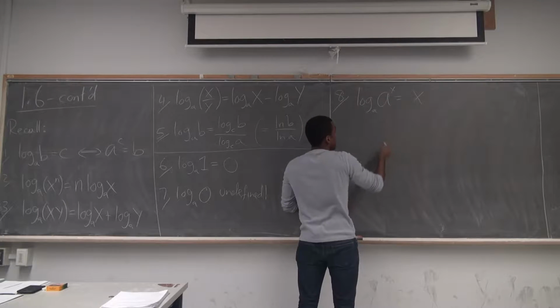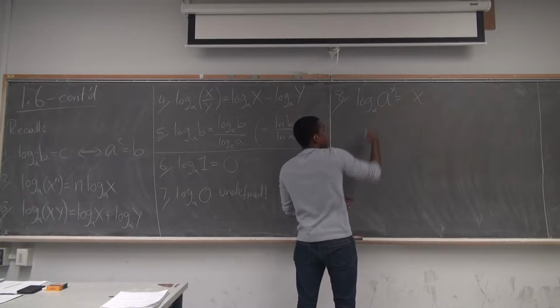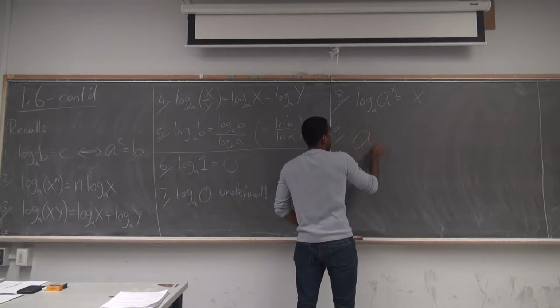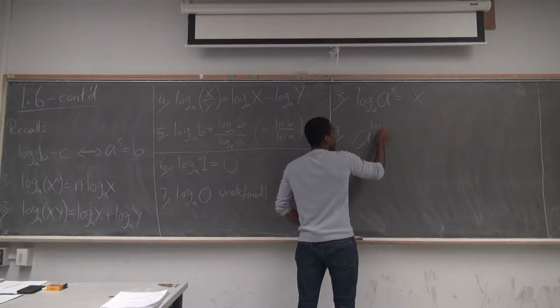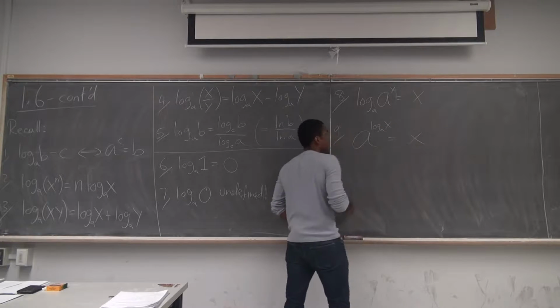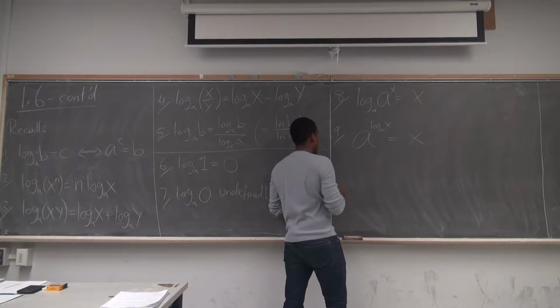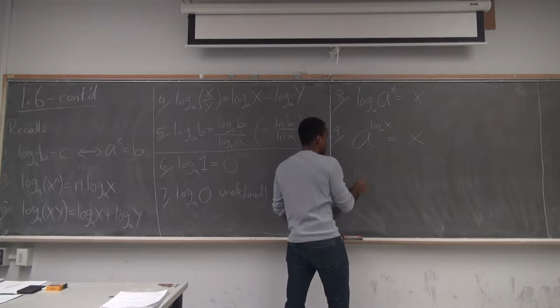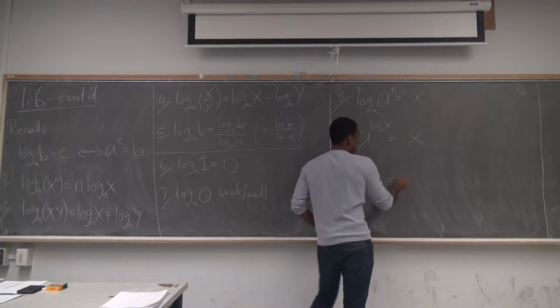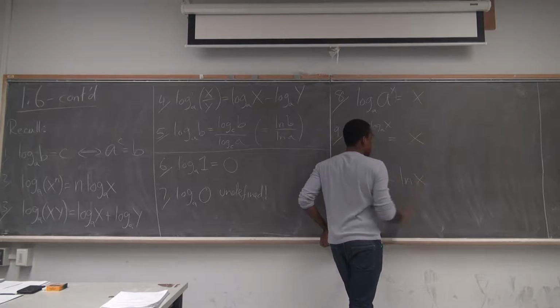Logs cancel exponentials. So if you plug an exponential into a log, they will cancel each other. Similarly, it works the other way around. If I plug a log into an exponential, that gives you x. The exponential and the log cancel each other. Another was the fact that log to the base e of a number is the same as ln of that number.